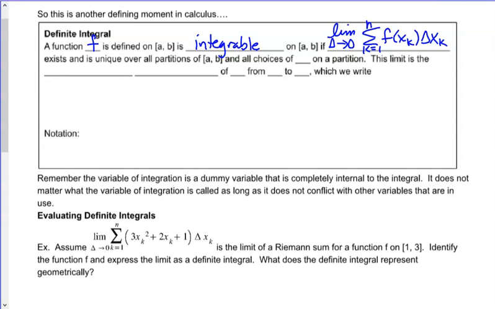That should look familiar to you. That summation is the width times the length of all those rectangles that we're adding up, but here our partitions are going to 0. The widths of each one of those rectangles is going to 0.